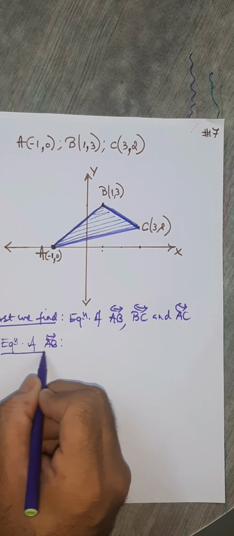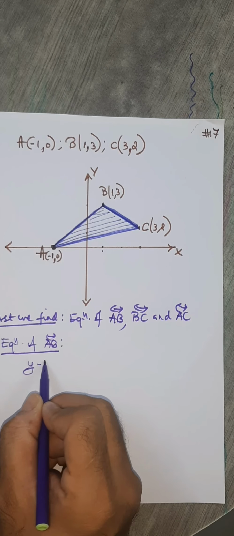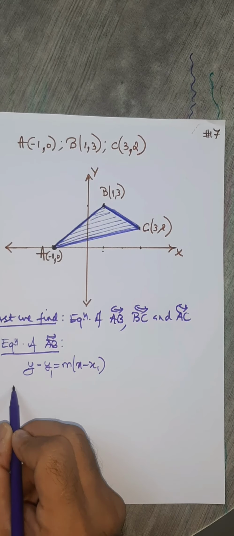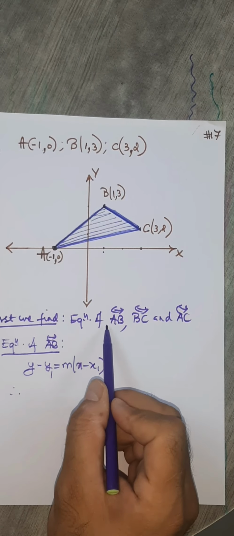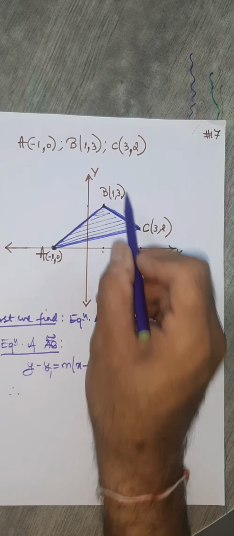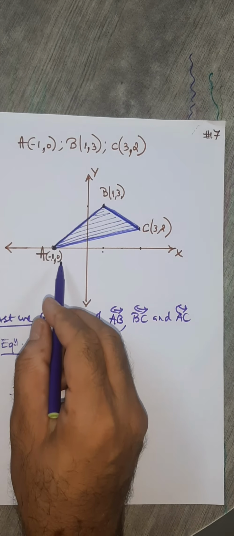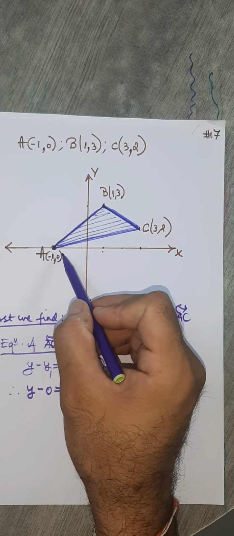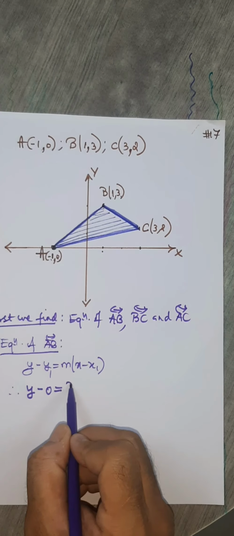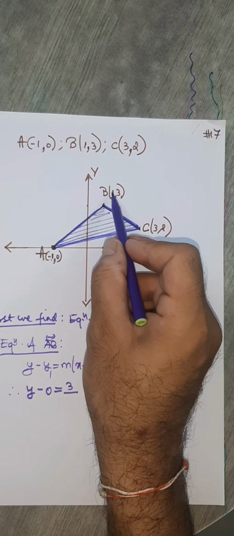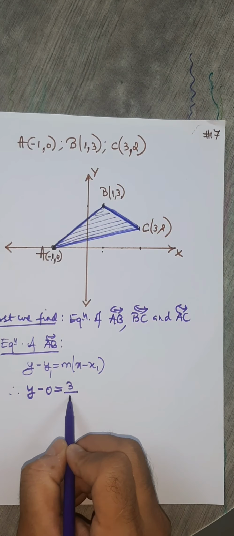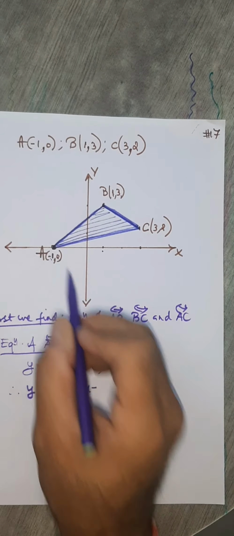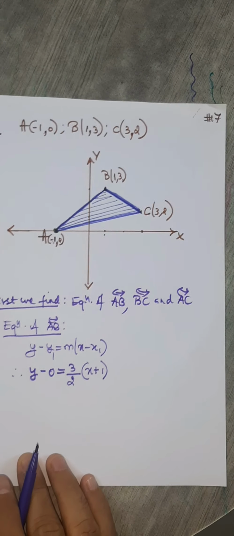How we'll do this? You know, I'll use that y minus y1 equals slope into x minus x1. Whichever you want to use, that's not important. For AB, this is x1 y1, this is x2 y2. Y minus y1, y1 is 0. What is the slope? y2 minus y1, 3 minus 0, which is 3, upon x2 minus x1, that is 2, just notice the place, into x minus x1, x1 is minus 1, so this is plus 1.